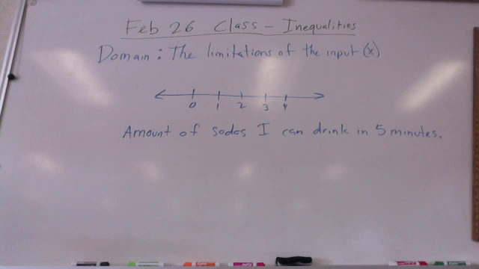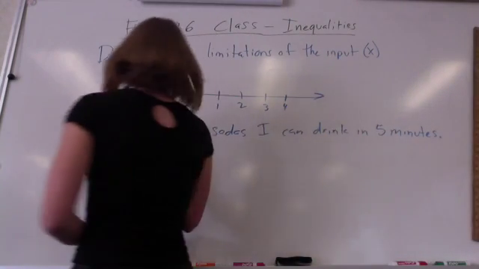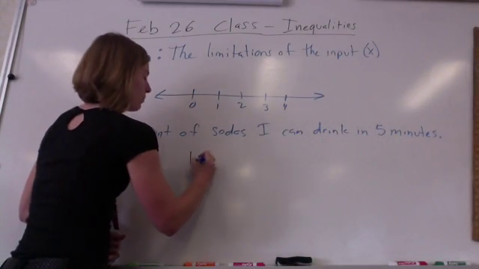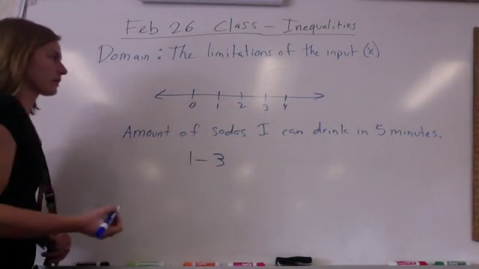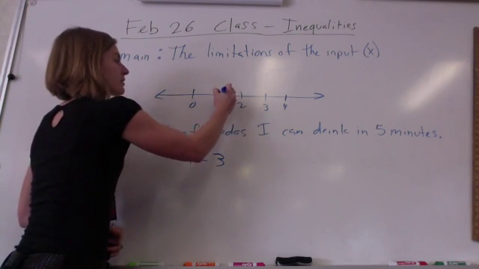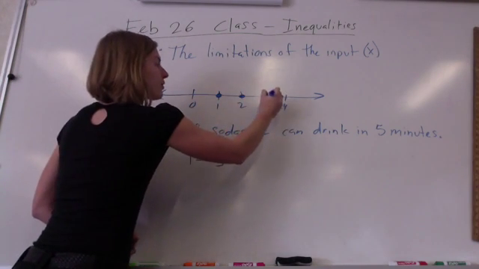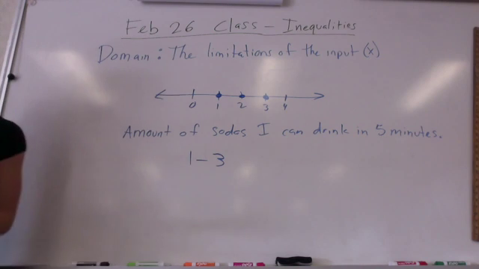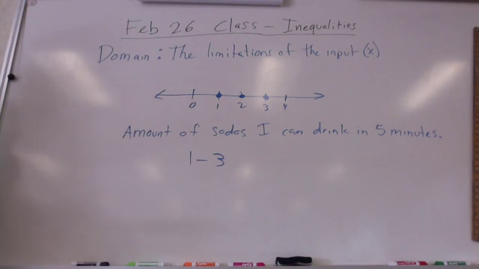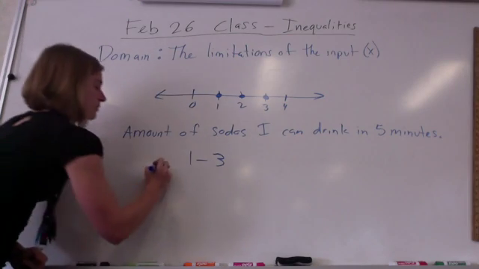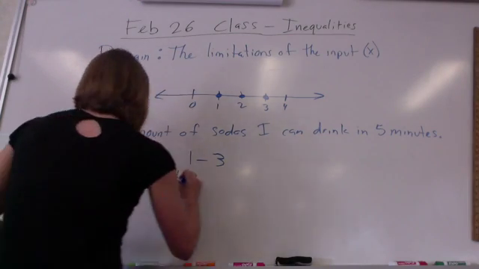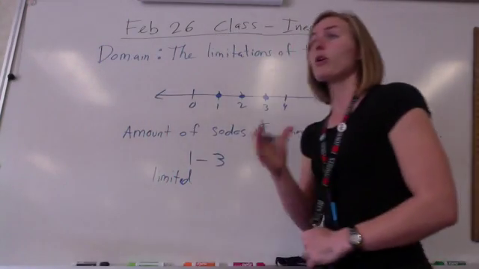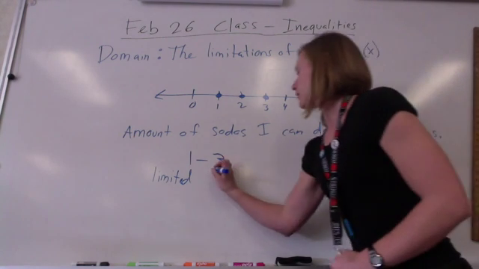And for some reason I'm in some sort of competition where I can only count a whole can of soda. So maybe I can only drink between 1 and 3. So then if I want to graph this, my domain is limited to being between 1 and 3, but I'm also being limited to whole numbers. And obviously I'm also limited to positive numbers. So you can't drink half of the soda. Right, so maybe I'm in some sort of competition where we're only counting the full soda.